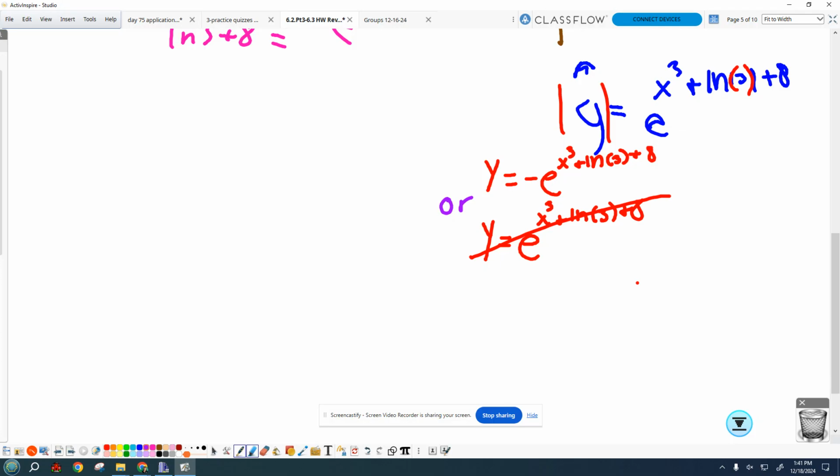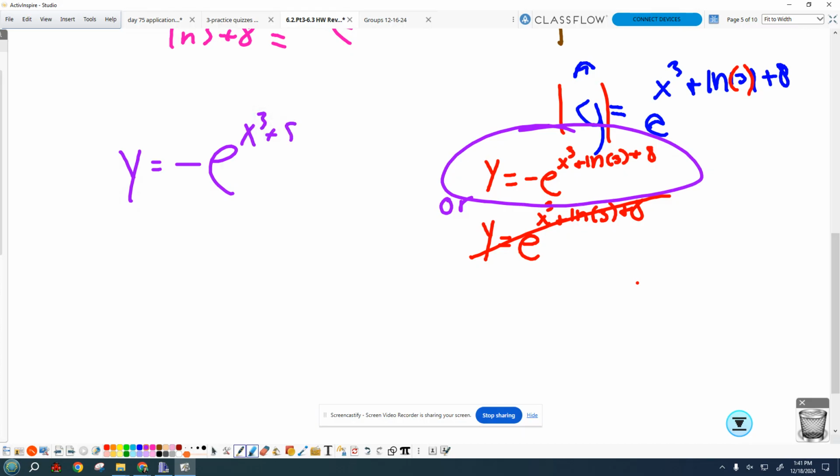If this is the answer you got and you needed to pick from multiple choice, they're not gonna write it like this. Will they write it like 8 negative or something weird? It will look like that.